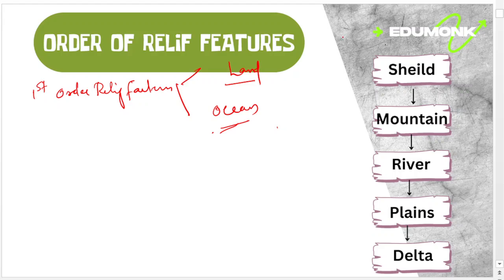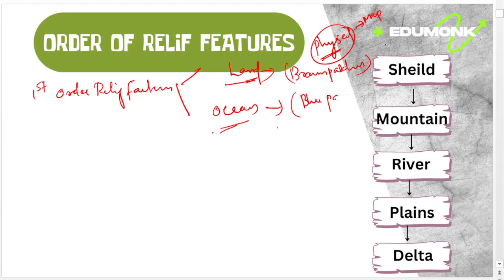If you look at the world physical map, you can see in the continent areas, the land portion is shown as brown patches, and the ocean is marked as blue patches. This is our first order relief features.